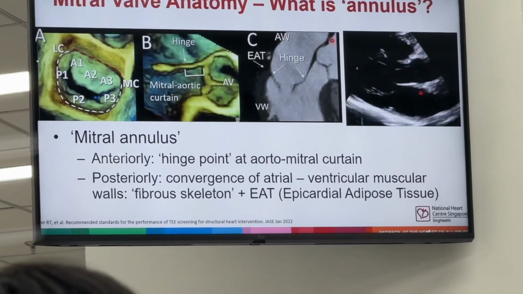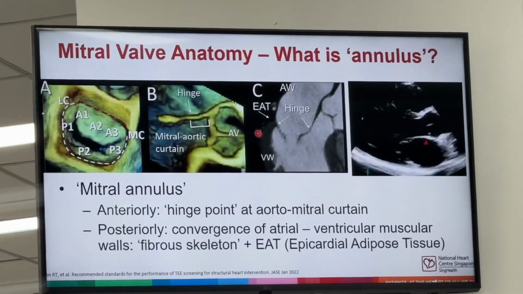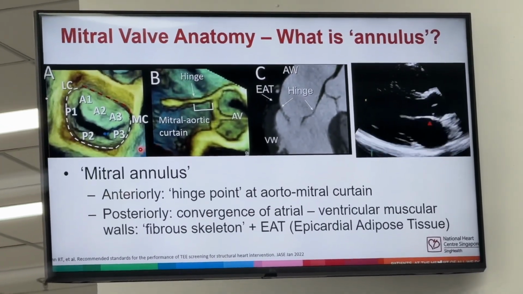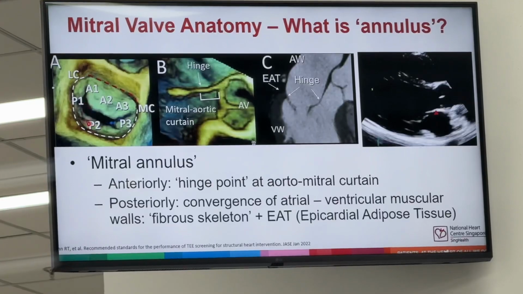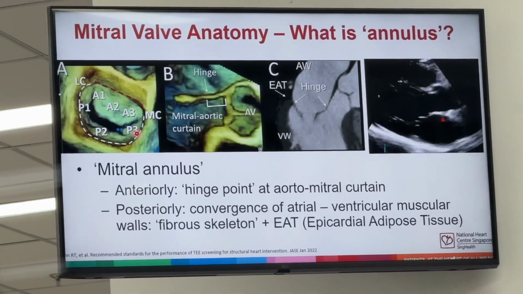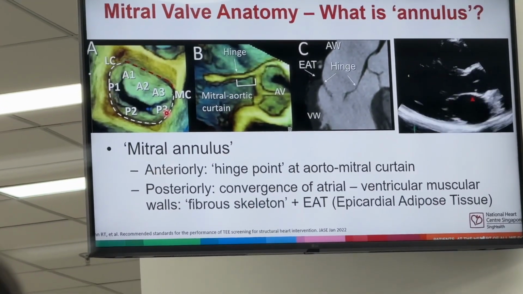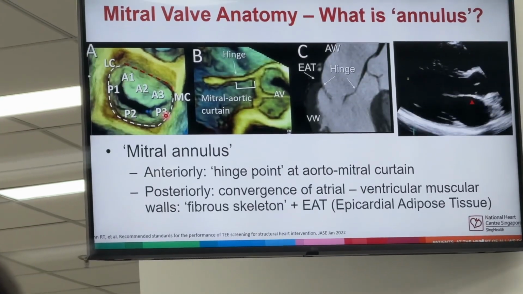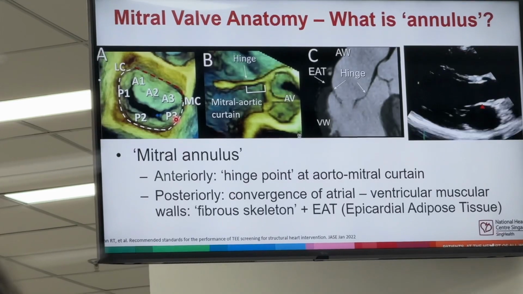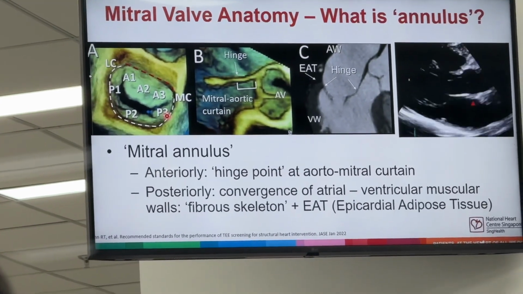Over here, I marked it with this red triangle, on the CT image and the 3D echocardiographic image as well. This is a typical representation of an en face 3D mitral valve view, which we will see again and again later on. So A1, A2, and A3, starting from the lateral, middle, and medial part of the valve.